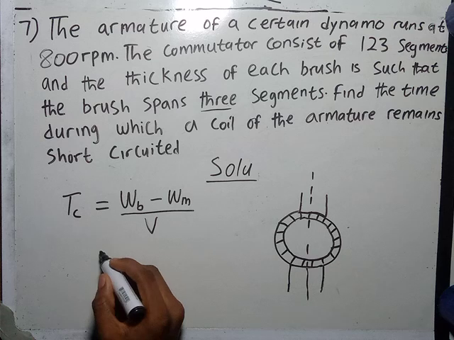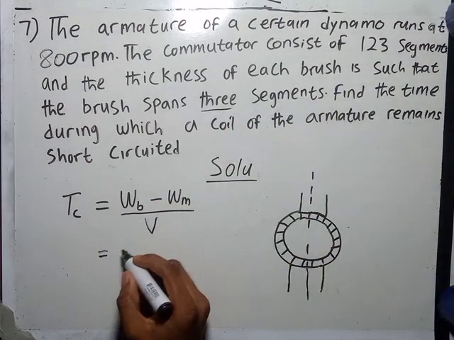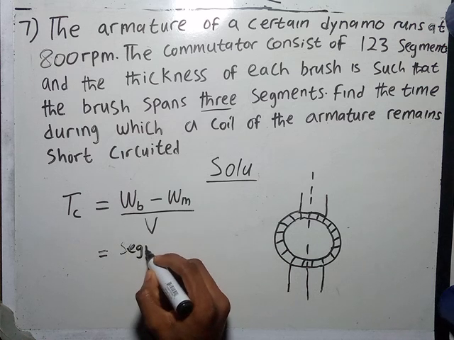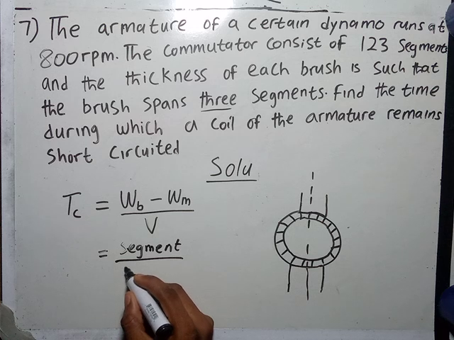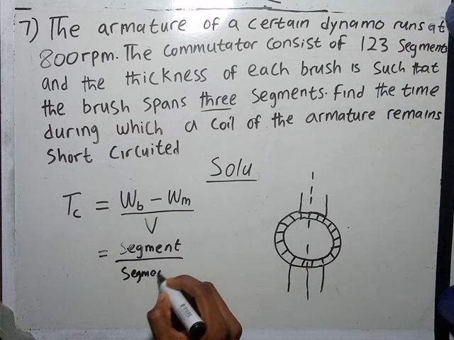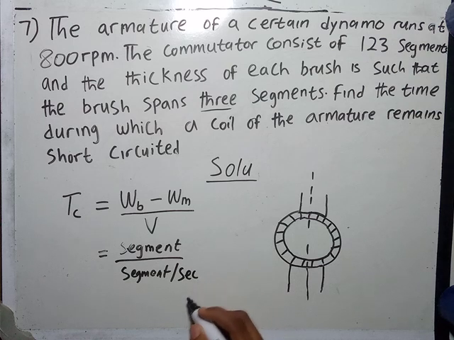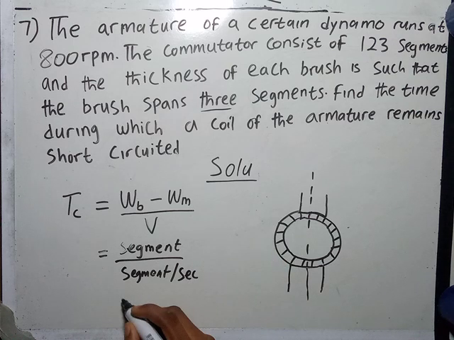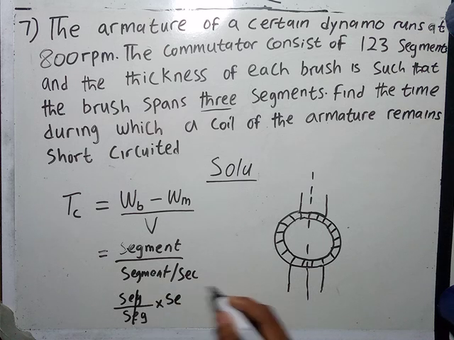So if we're taking the width to be 3 segments, our velocity must be in segments per second, which can also be written as segments over seconds. The segments cancel out and you're left with seconds.